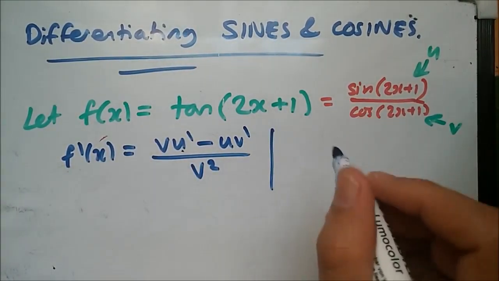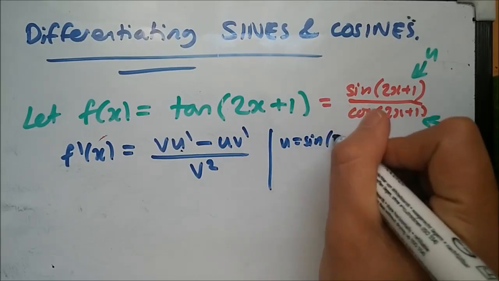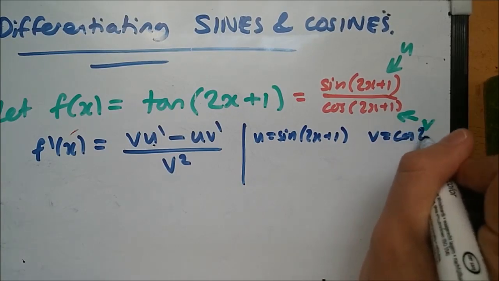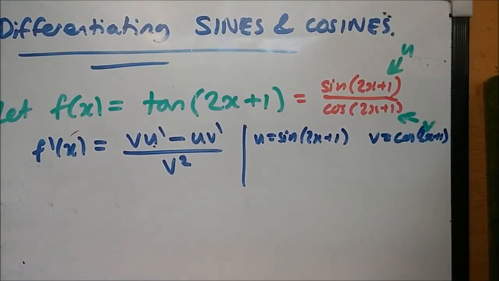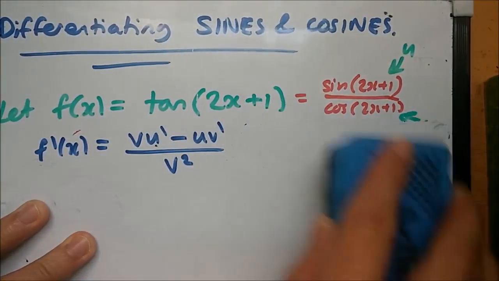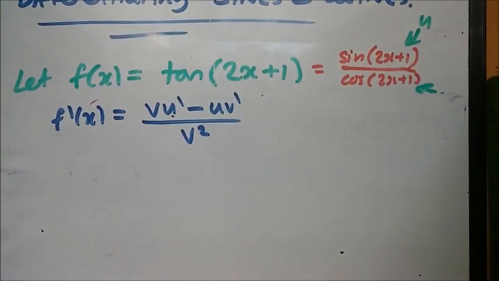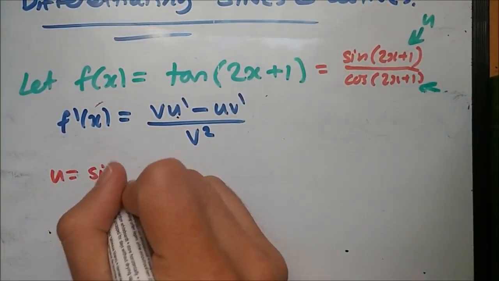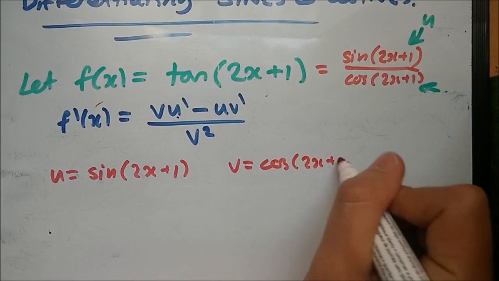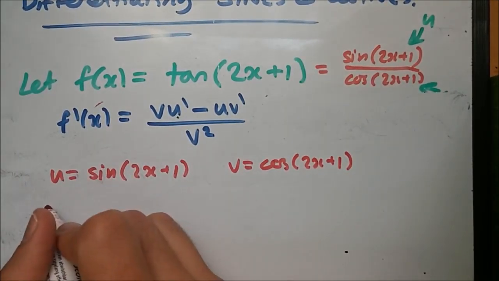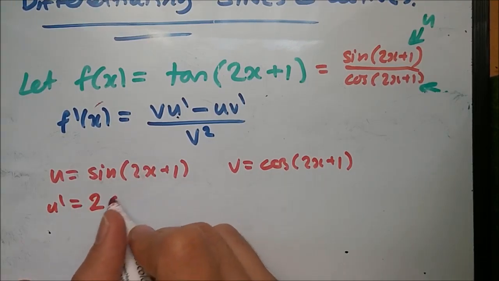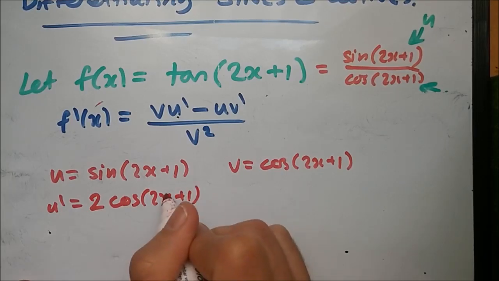Now using what we know here, u equals sine of 2x plus 1 and v equals cos of 2x plus 1. Taking the derivative of u, we differentiate the inside, 2x plus 1, which gives you 2, and differentiating sine gives you cos of 2x plus 1.